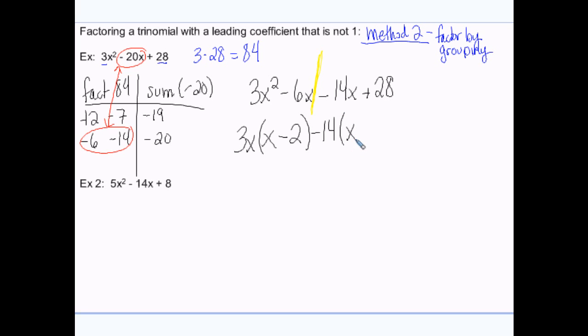And if I divide 28 by negative 14, I have a negative 2. These match. Once those match, you're golden. This is one parenthesis. And then these two out front are the other one.